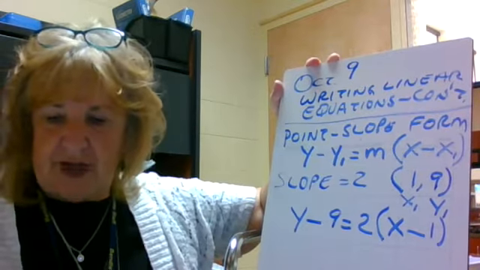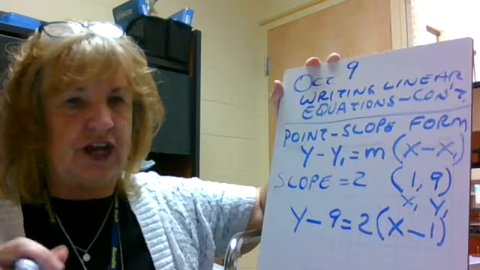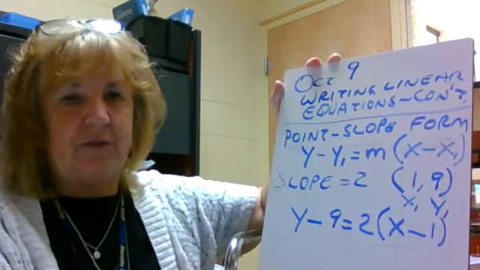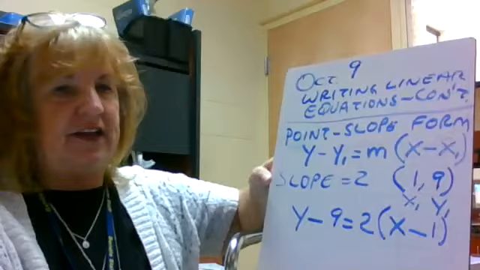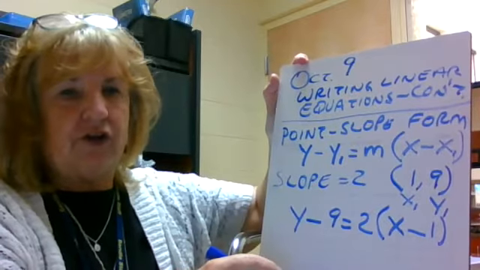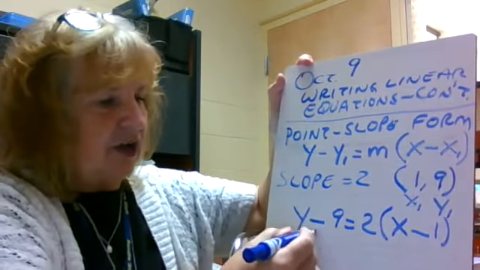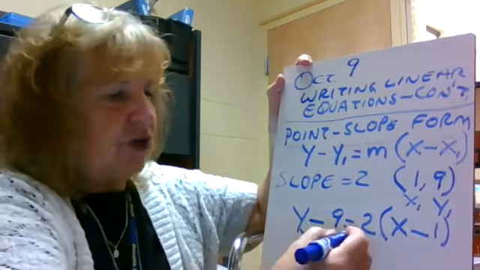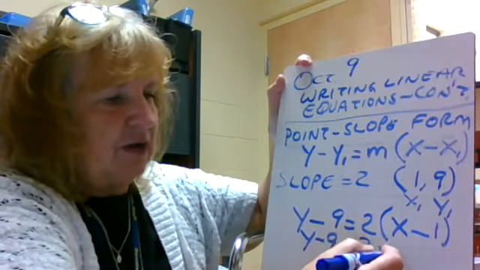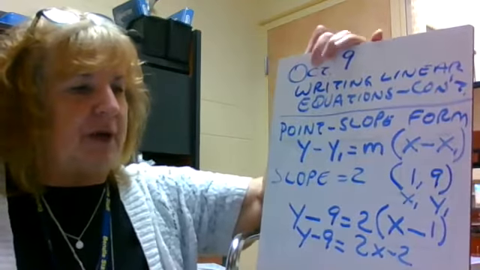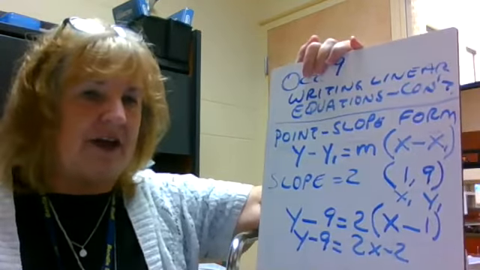Now, sometimes you're going to be asked to change point slope form back into slope intercept form. So let's do that. To do that, you're going to do just like you do in regular algebra. You're going to get rid of the parentheses. So I have y minus 9 equals 2x minus 2. And then remember, slope intercept form just has the y by itself.